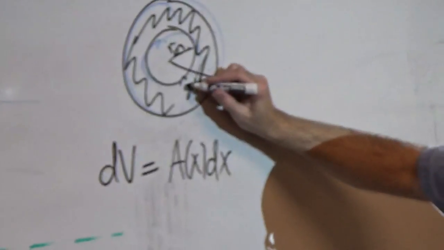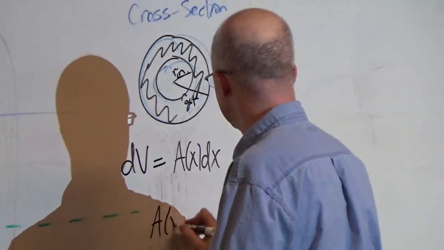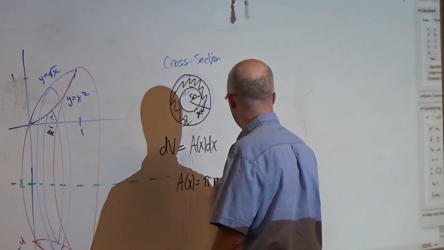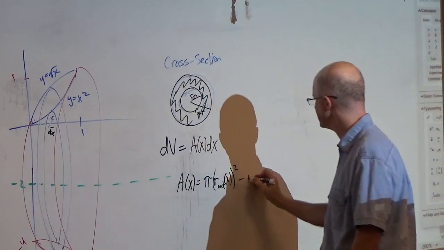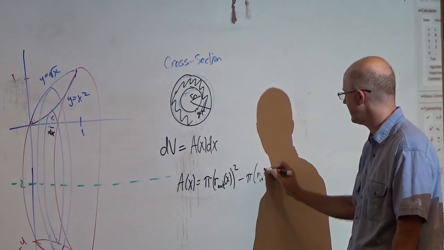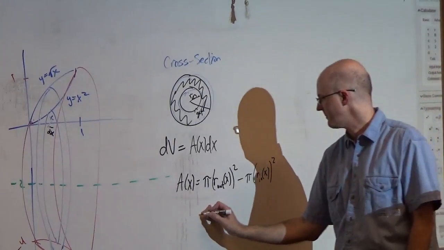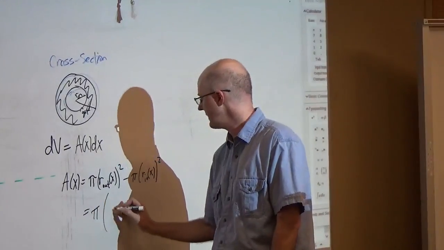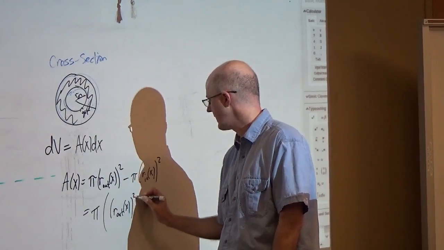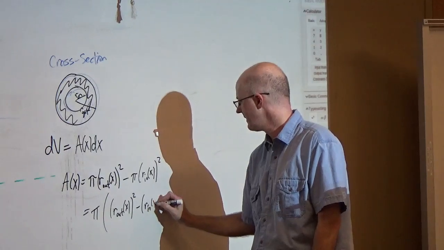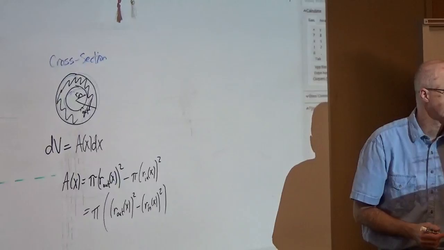A of x is going to be pi times r out of x squared minus pi times r in of x squared. You can also factor the pi out and write it as pi times, in parentheses, r out of x squared minus r in of x squared. And then when you do the integral, the pi can just be in front of the integral sign.